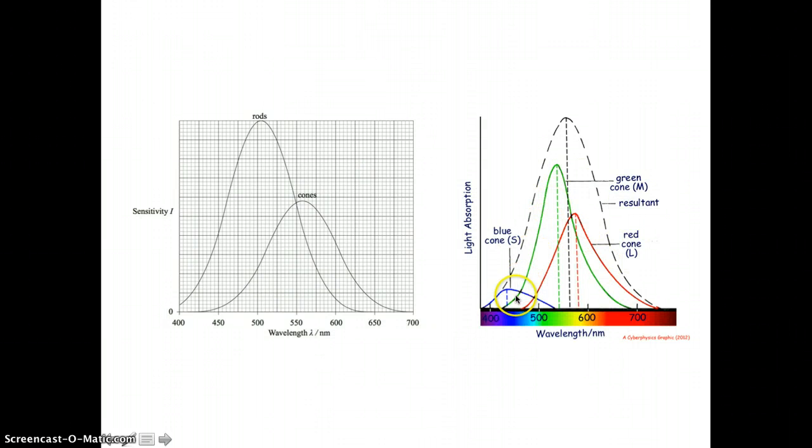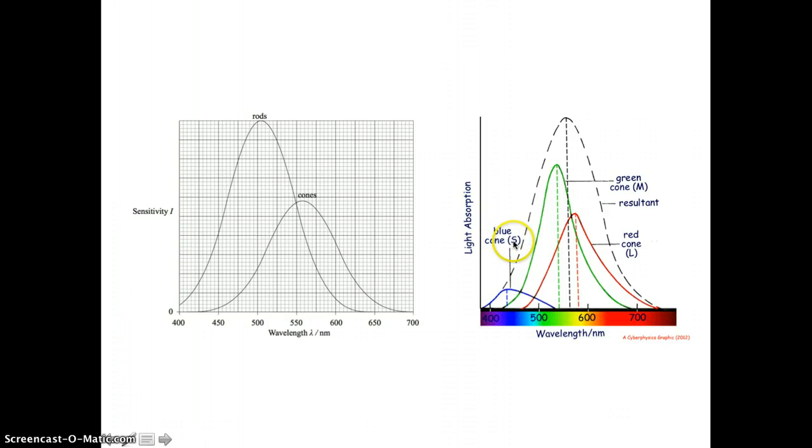So if we scale that appropriately, here's what the picture actually looks like. This is a more accurate representation. We don't need to know this for IB, but I just want to make sure that the two pictures come together clearly in your mind. Blue cones absorb the least amount of light of the three. Green cones absorb the most, and red cones absorb the middle amount.